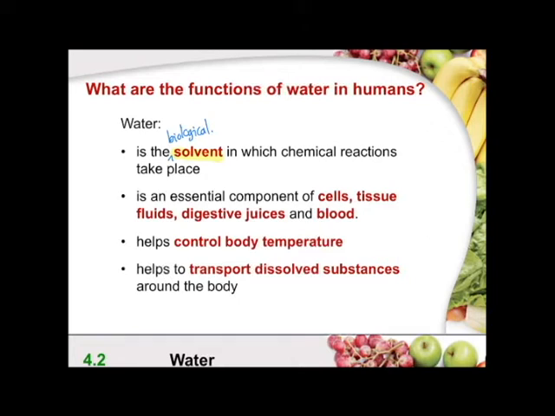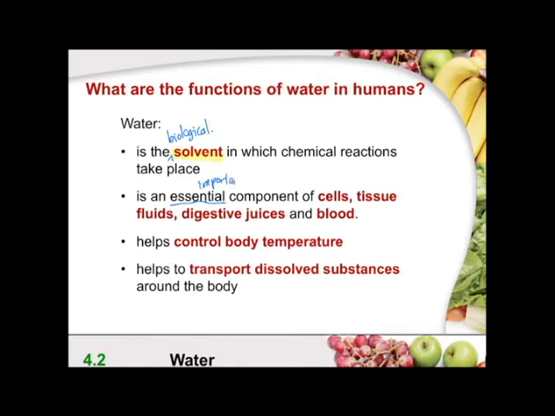These are examples of chemical reactions that can happen in your human body. What is the purpose of all this? These chemical reactions can lead to repairing the cell, creating something new, or even just releasing energy. So there are a lot of general chemical reactions. Then it is essential. Essential means important.